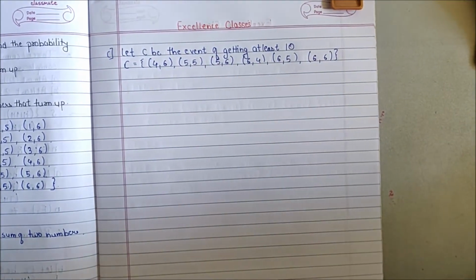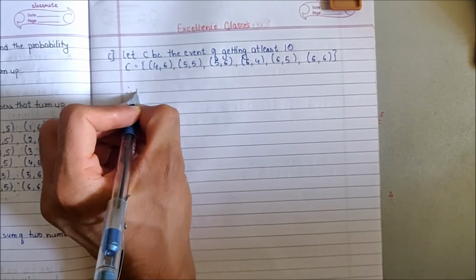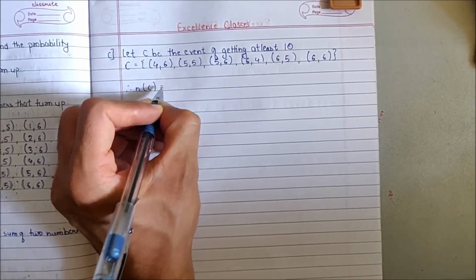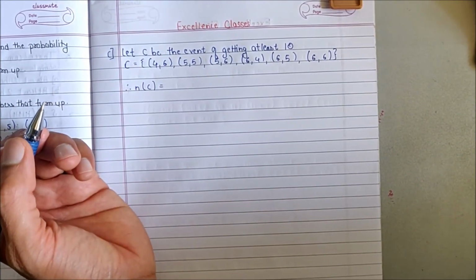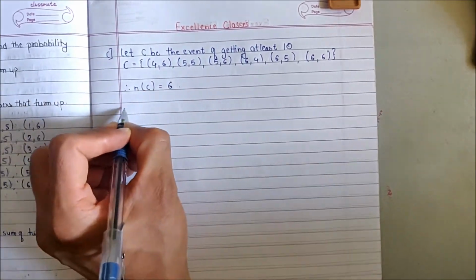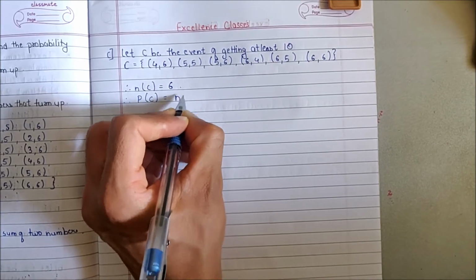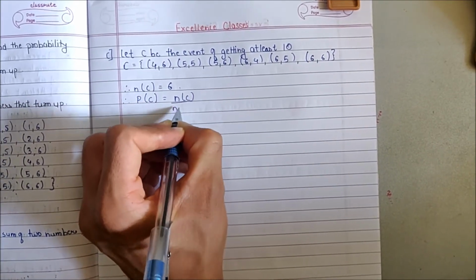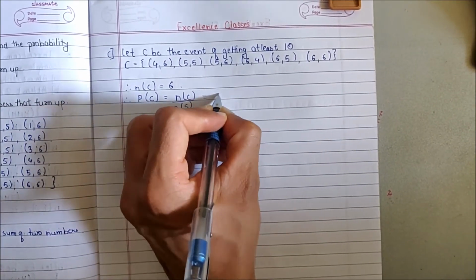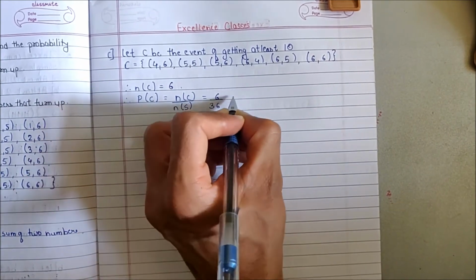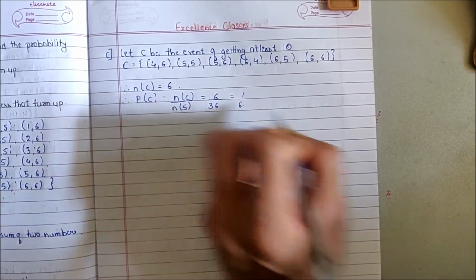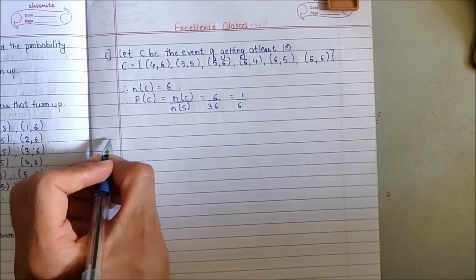This is going to be my event. Therefore, n of C, that is the number of elements in event C, is going to be 6. Therefore, the probability of event C is n of C upon n of S, which is equal to 6 upon 36, 1 upon 6.